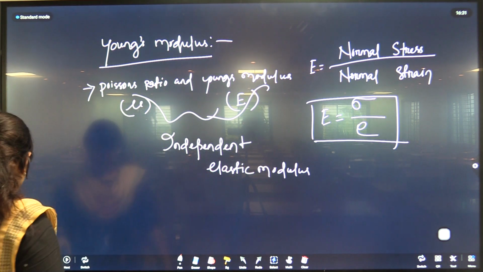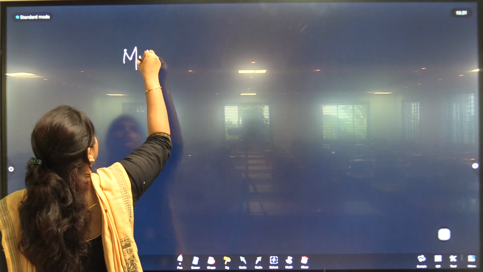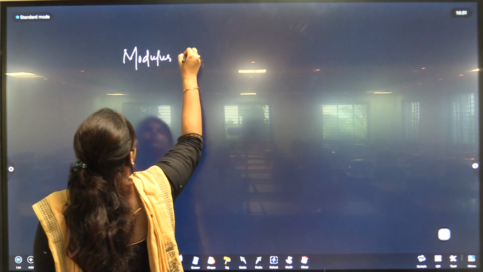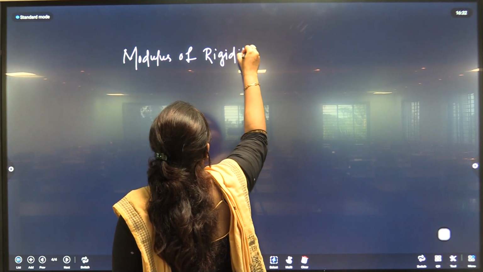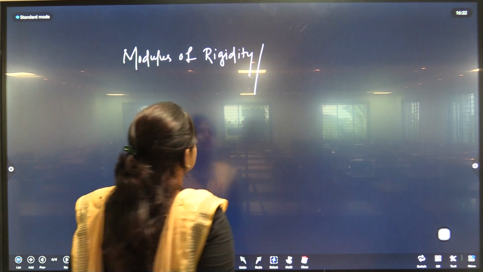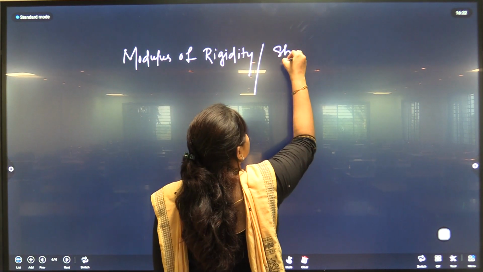Now, going to modulus of rigidity, also called shear modulus.